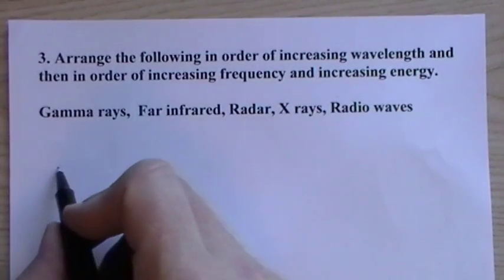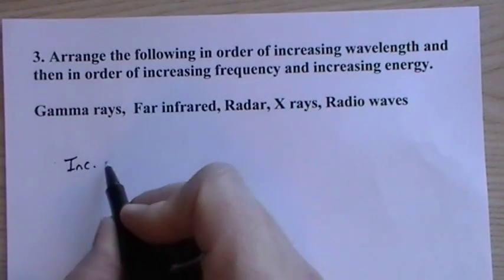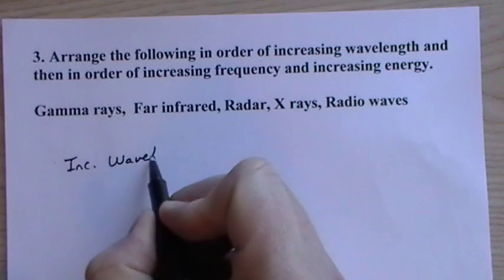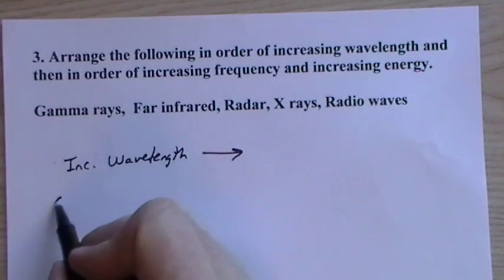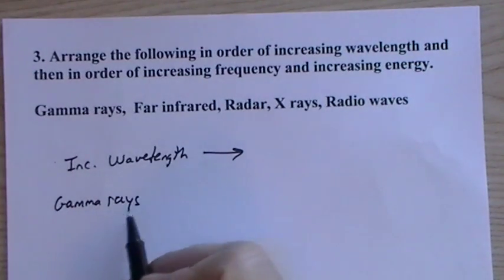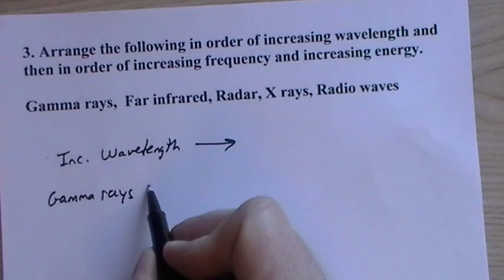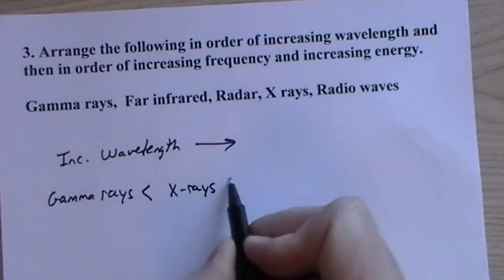Let me just put it in order first. So increasing wavelength. Gamma rays are the highest energy, which means they have the smallest wavelength. So they're going to have a smaller wavelength than X-rays, and this will be read right out of the table.